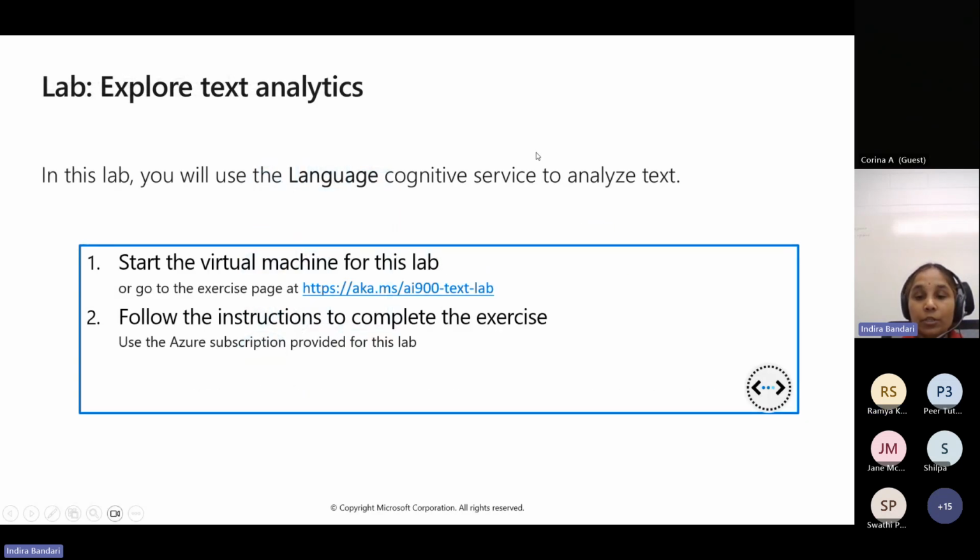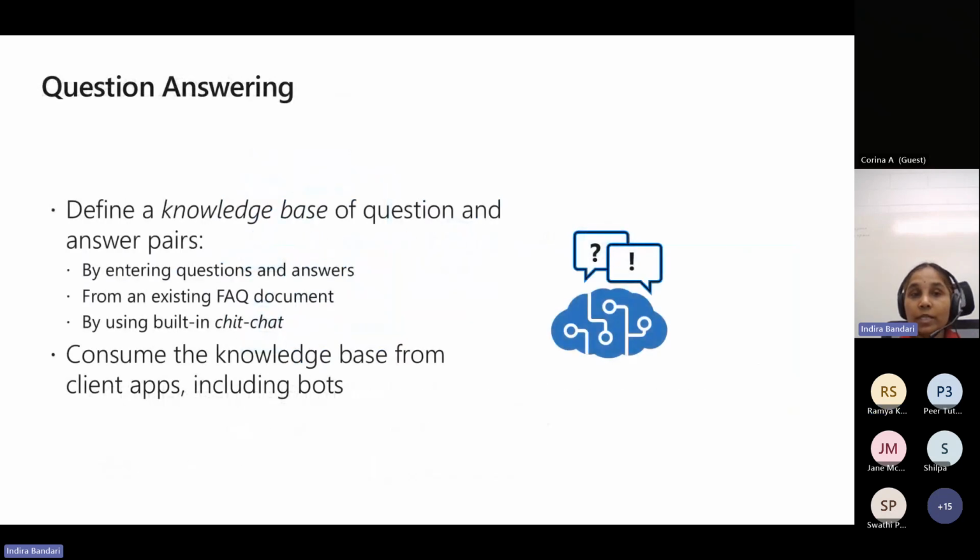So here you have the question answering service, right? You integrate that bot to this question answering service, so that it gets you not only the normal conversation like hello, how are you, what's the weather, that kind of stuff.